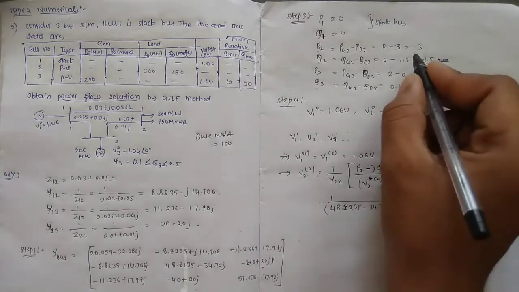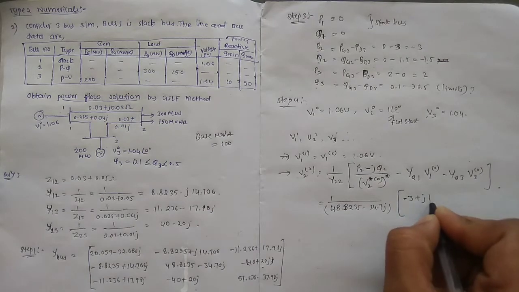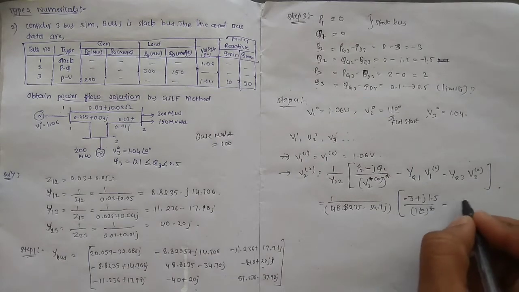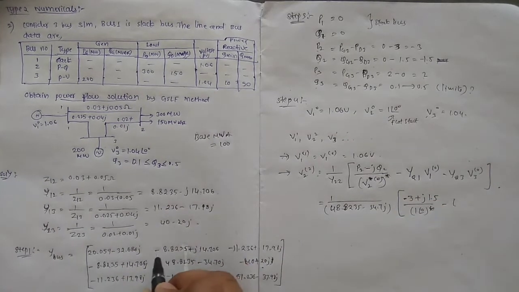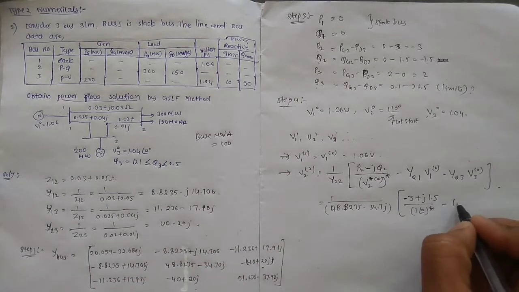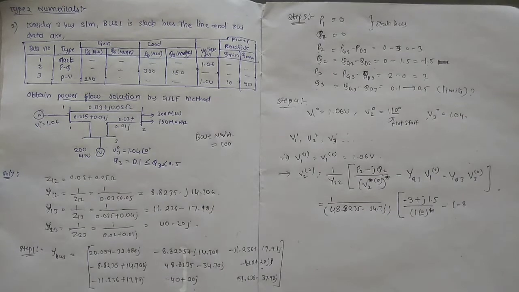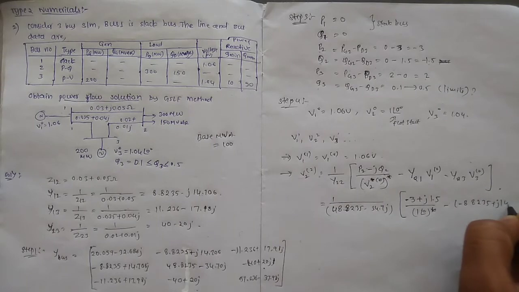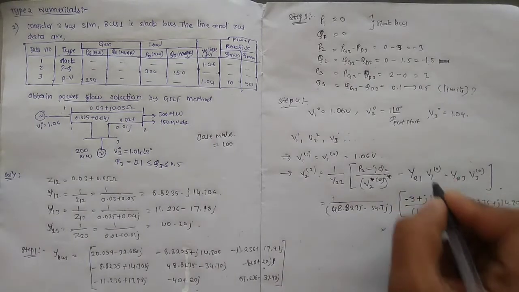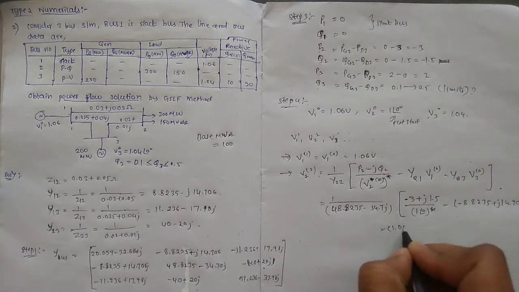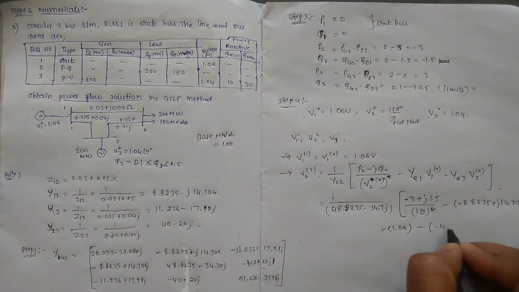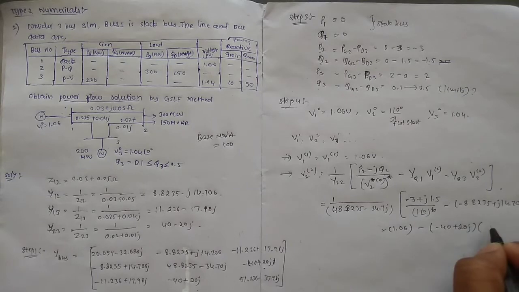In the bracket of P2 we have calculated, that is minus 3 plus j1.5 divided by 1 angle 0, that is complex conjugate, minus Y21, this value, minus 8.8235 plus j14.706, into V1(0), they gave that 1.06, minus Y23, this is minus 40 plus 20j, multiplied by V3(0), which is 1.04.